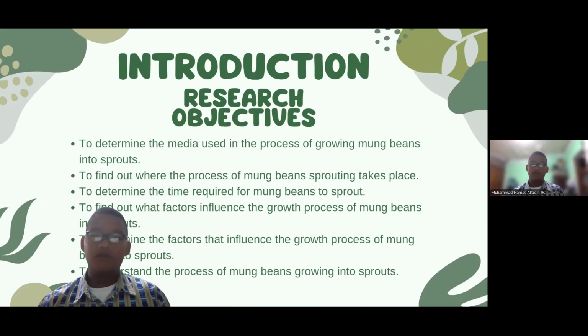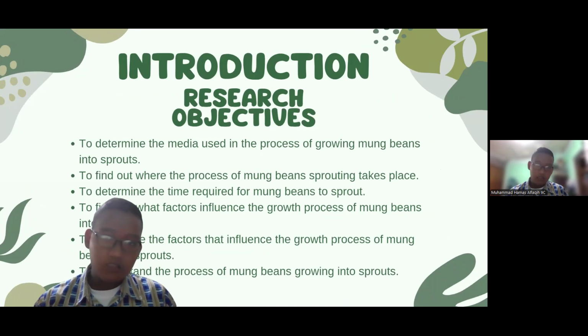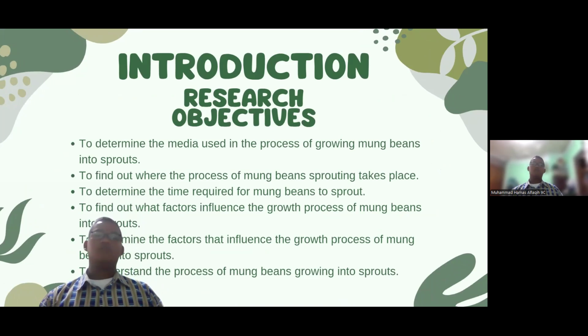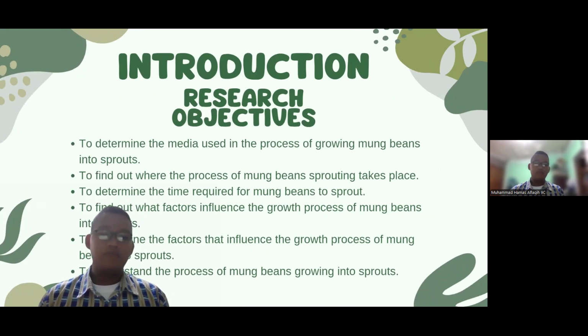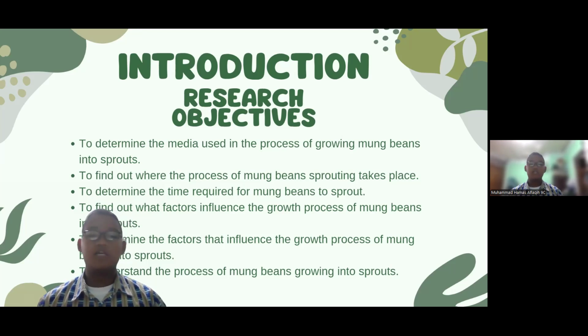So, in my scientific work, the research objective is, the first one, to determine the media used in the process of growing mung beans into sprouts. The second one, to find out where the process of mung beans sprouting takes place. The third one, to determine the time required for mung beans to sprout.